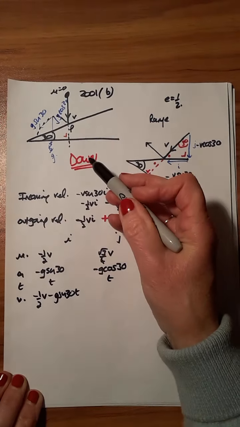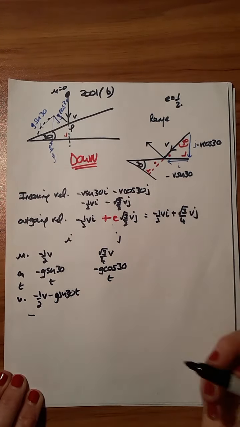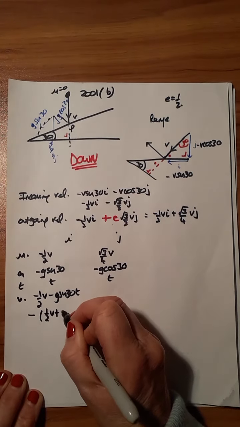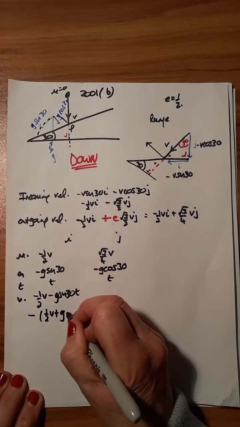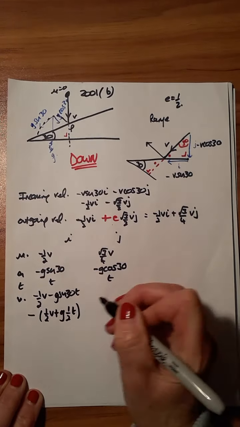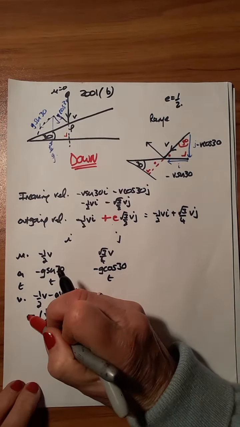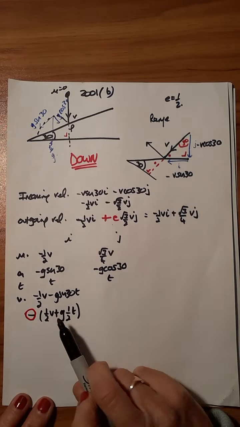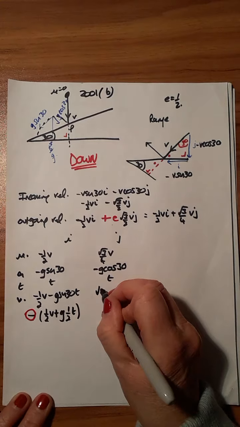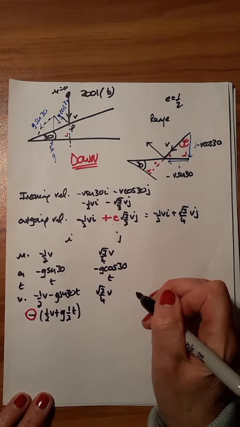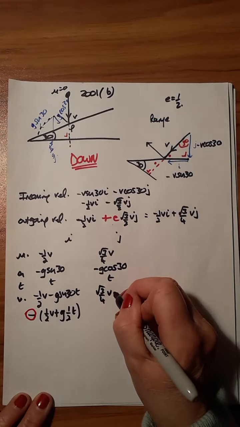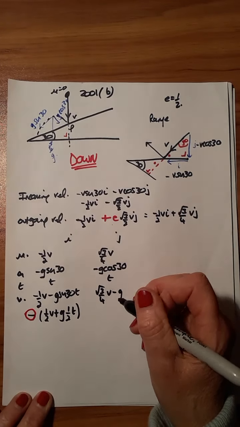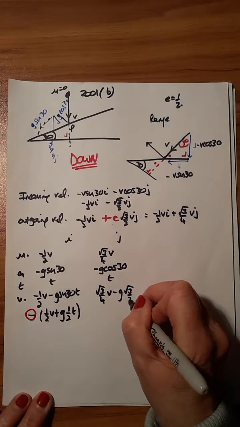And because it's going down the plane, I'm going to take that minus out of the way, and that will be a half v plus g sin 30, of course, is a half again, t. So I'm taking this minus out of the way now, which means that that i component is positive. Only happens with the i component, doesn't happen with the j component.